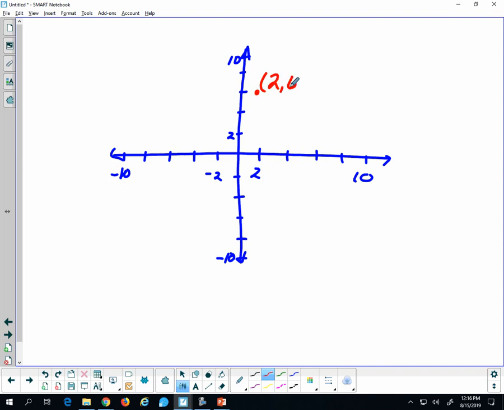I'll go ahead and label that. And then we have another coordinate down here at, say, 6, negative 4. We are looking for the midpoint between those two endpoints.